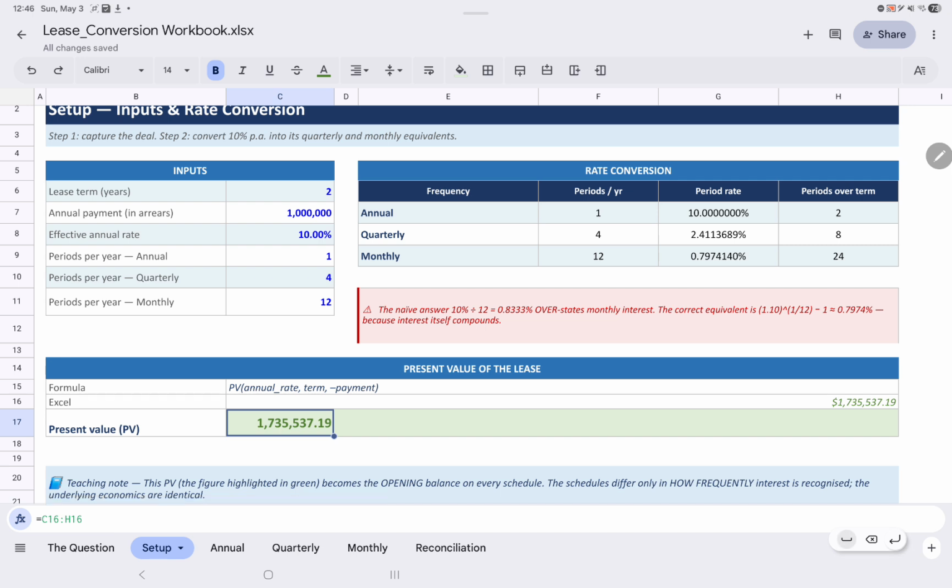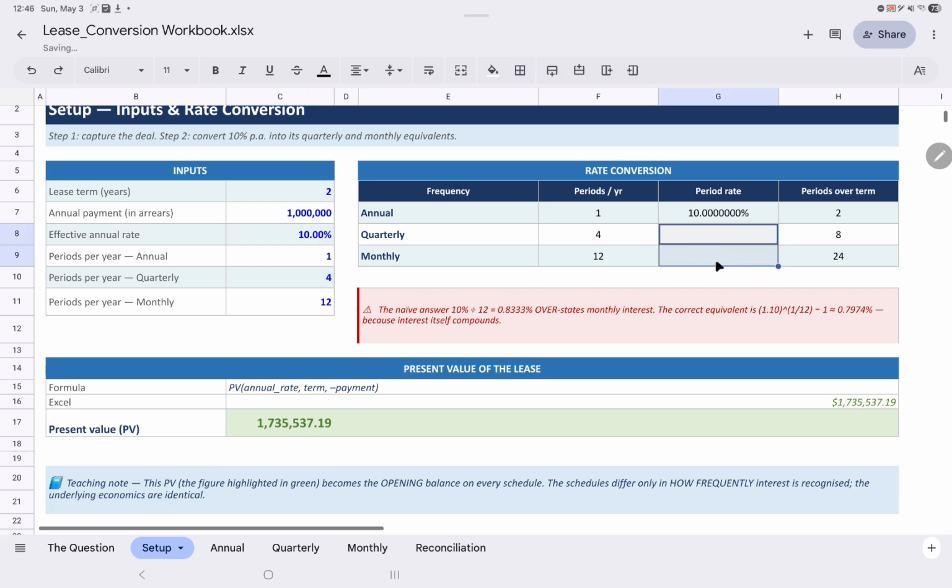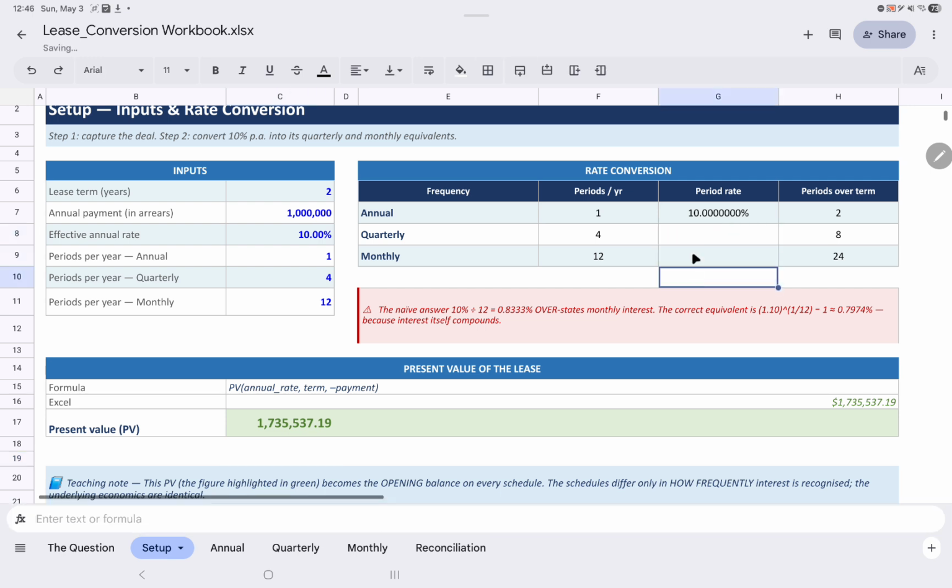On setup, by the way, I have already done this Excel. So let us recalculate on this side. So annual, we know the rate. First, the task at hand is mostly on getting the conversion rate, that compounded rate for the quarterly and monthly.